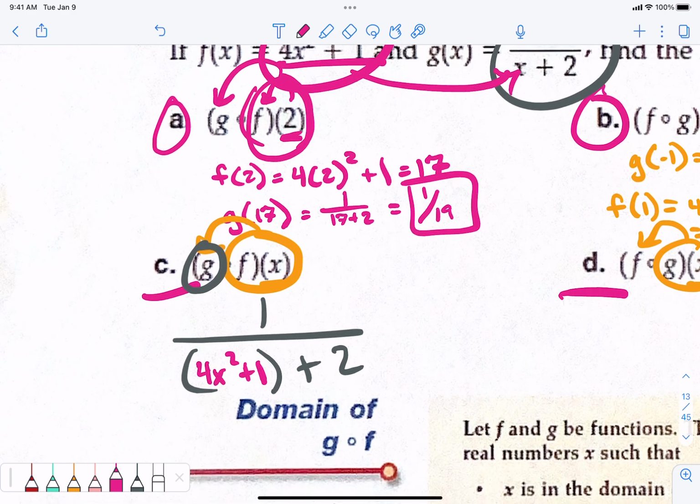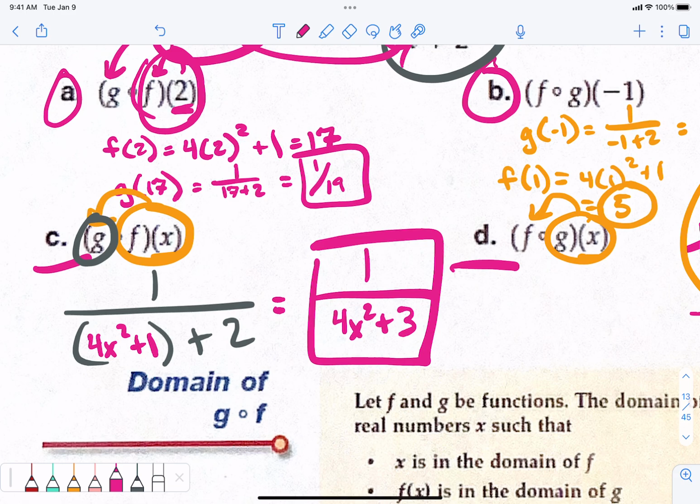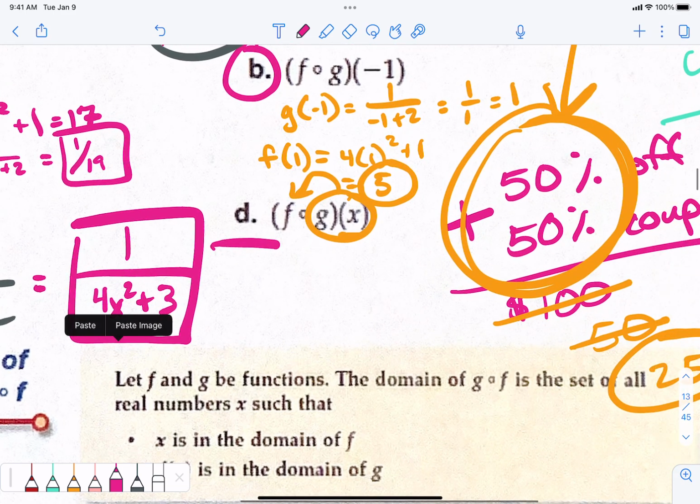Then you simplify as much as you can. So 1 over, what can you do to the bottom? 4x squared plus 3, that's it. I would just leave it like that. Does that make sense?